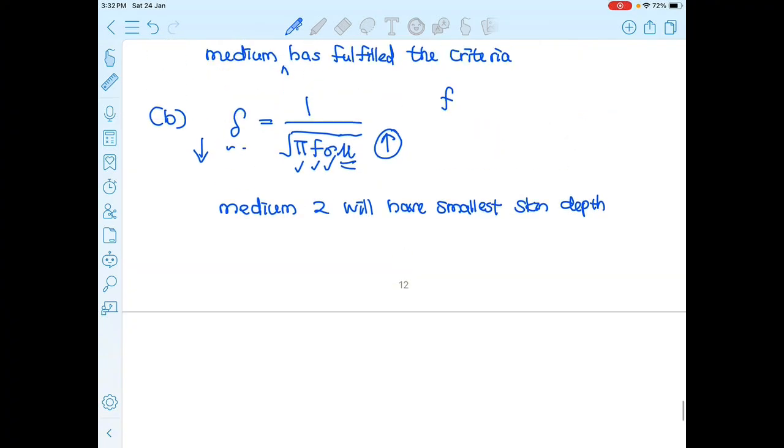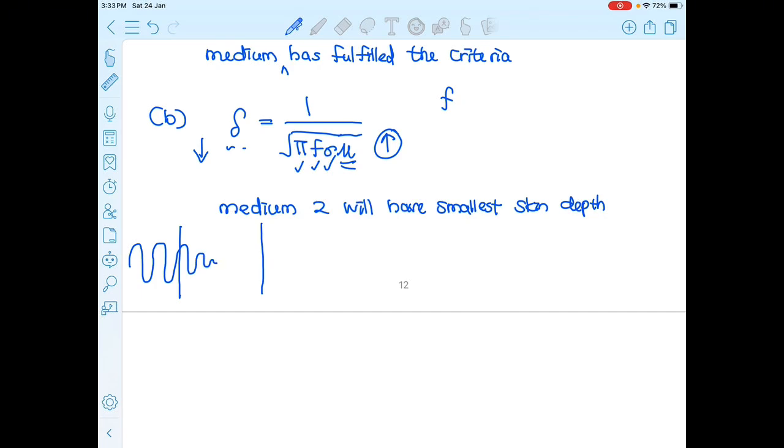Skin depth. First of all, what's the meaning of skin depth? Skin depth is the thickness that the electromagnetic wave propagates through until its amplitude drops and is left at 37%. So this is your electromagnetic wave when it travels into the medium. Initially the amplitude is very high, but once it crosses the medium, the amplitude will drop significantly.